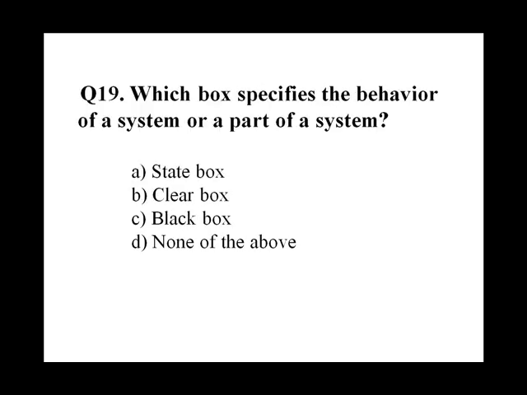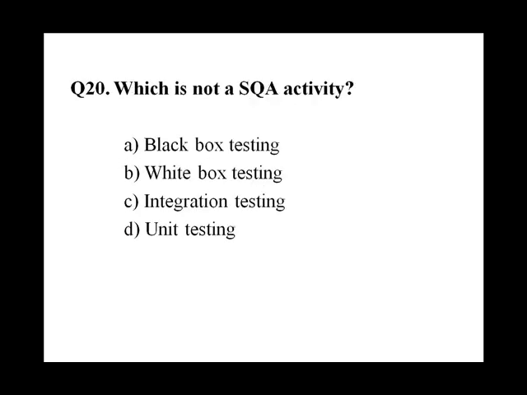Next question. Which box specifies the behavior of a system or a part of a system? The options are state box, clear box, black box, none of the above. The correct option is the third one, black box. Next question. Which is not a SQA activity?